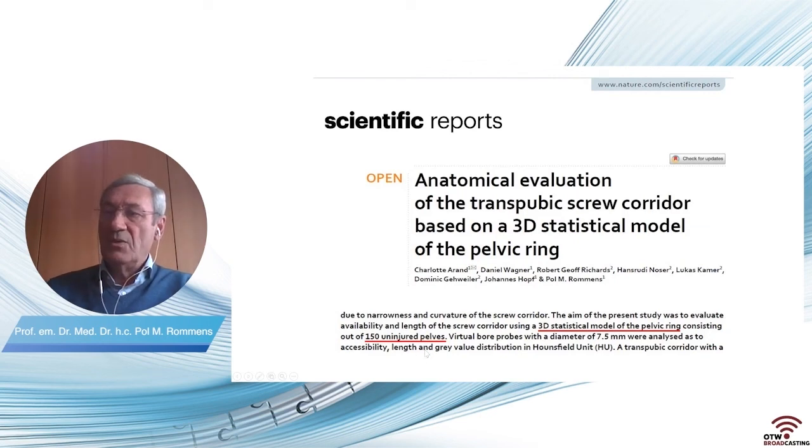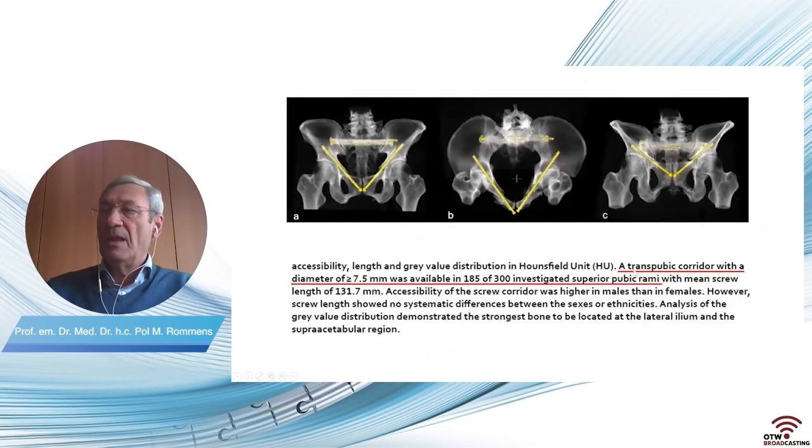She calculated this corridor in 150 uninjured pelvis, which means 300 corridors, because you have 2 corridors on each pelvis. And here you see the radiographic reconstructions of a patient with 2 retrograde transpubic screws.